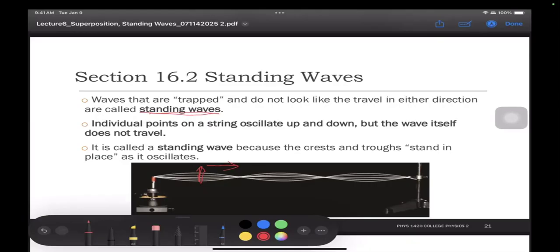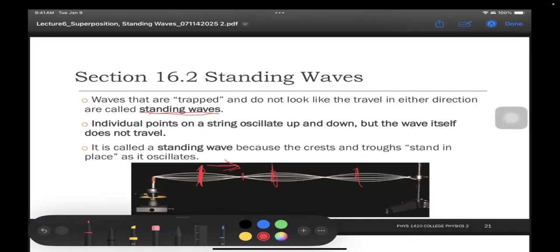So for standing waves, the points on this wave just oscillate up and down, but it will not travel. And we call it a standing wave because the crests and the troughs stand in place as it oscillates. Just up, down, up, down, up, down. Here it is still up, down, up, down, up, down.